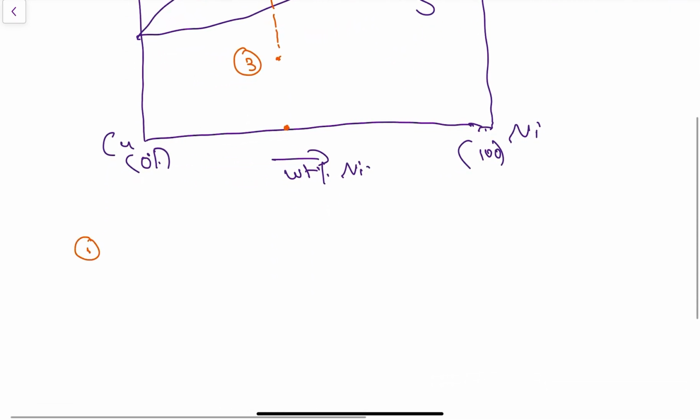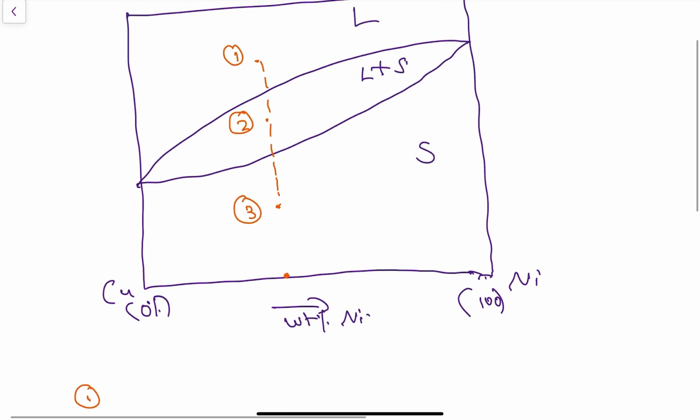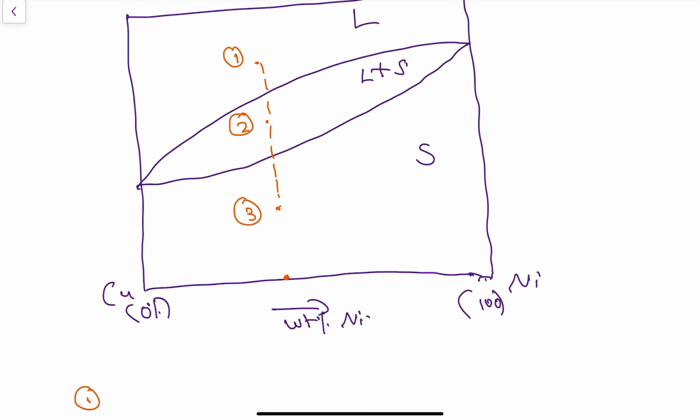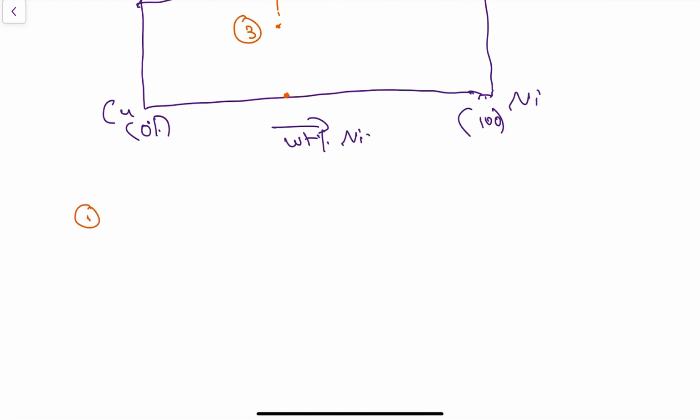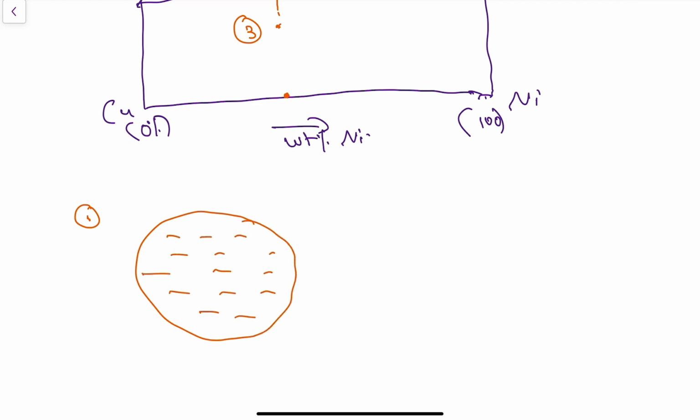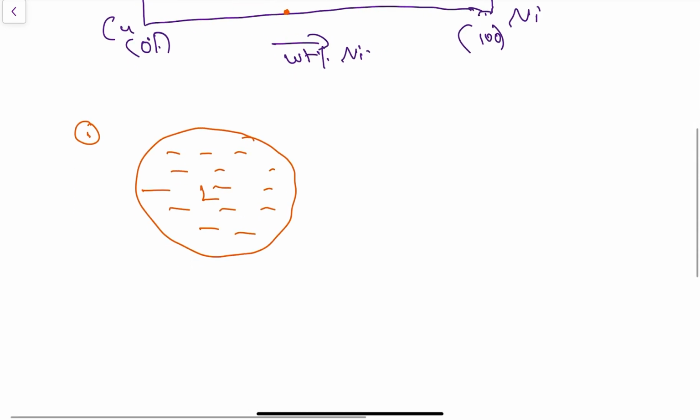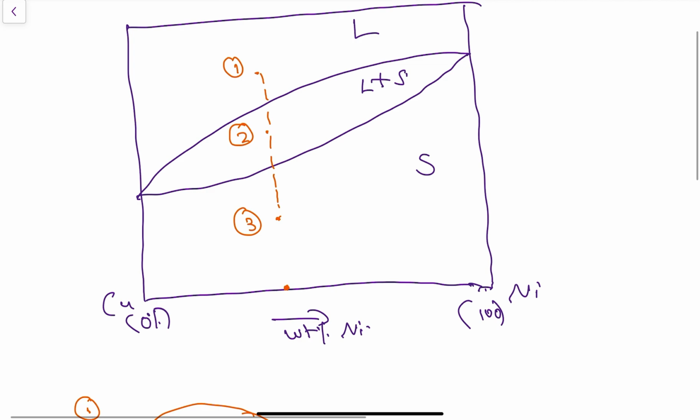At 1, we know from the phase diagram that there is only one phase present, that is the liquid phase. So it is completely liquid. What happens when it crosses the liquidus line? This is the liquidus line, and this is the solidus line.